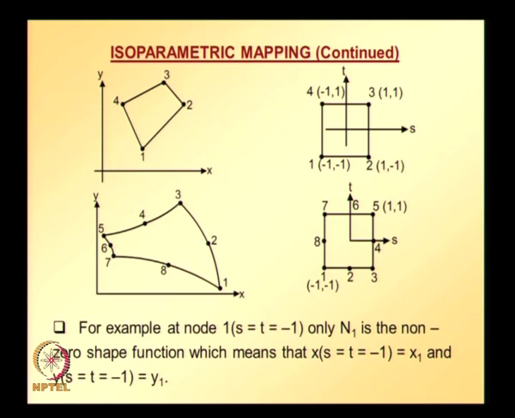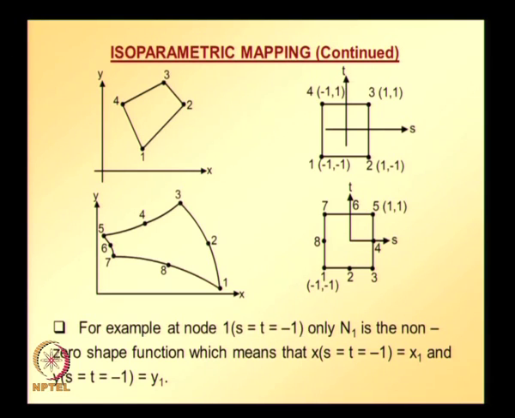And if you take node 1 in any of these elements, node 1 corresponds to s is equal to -1, t is equal to -1, and at node 1 only N1 is a non-zero shape function.